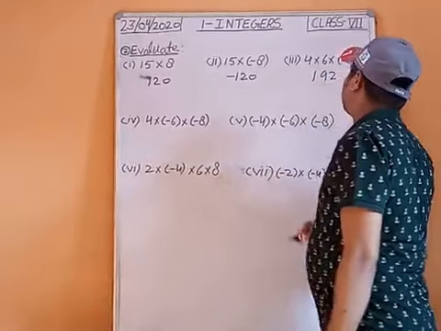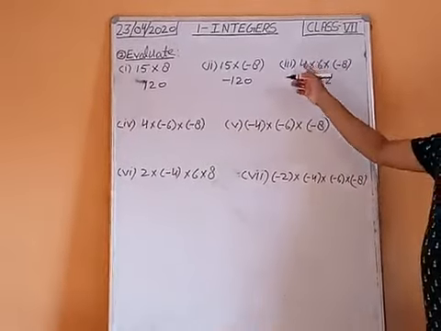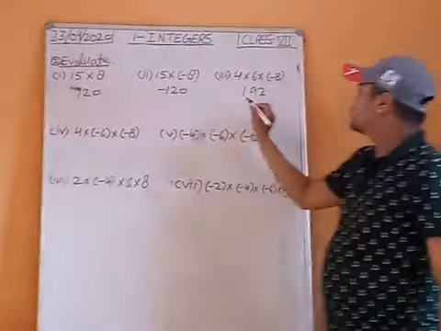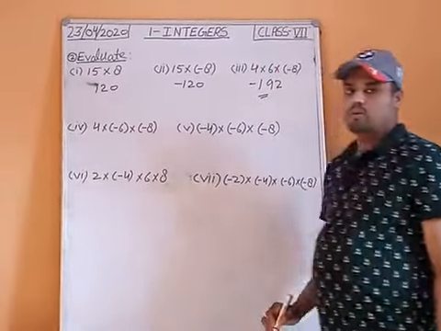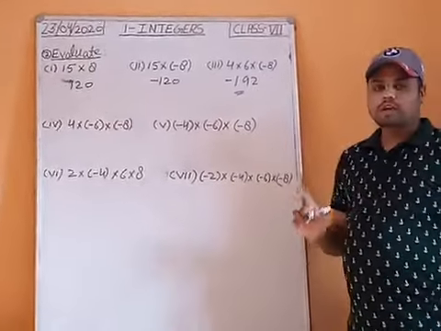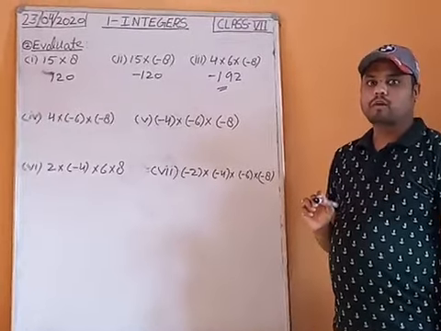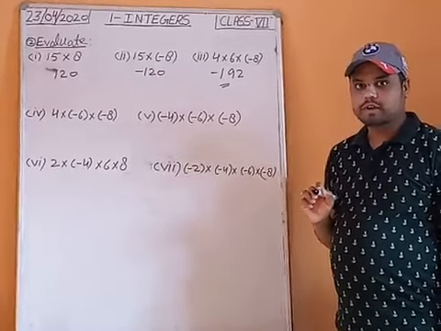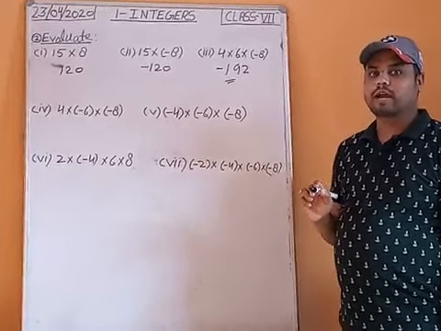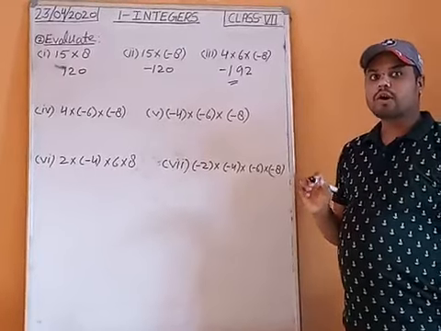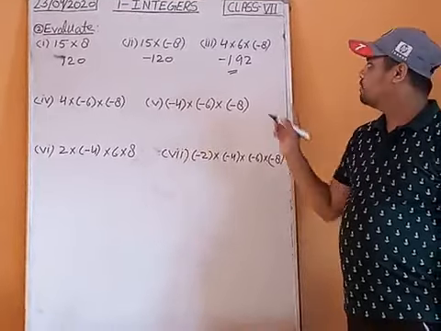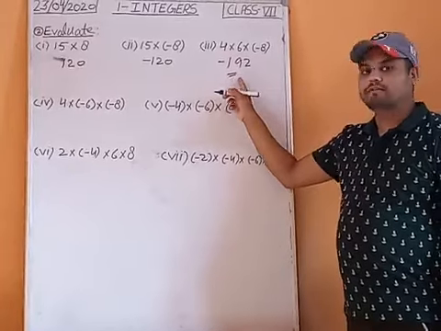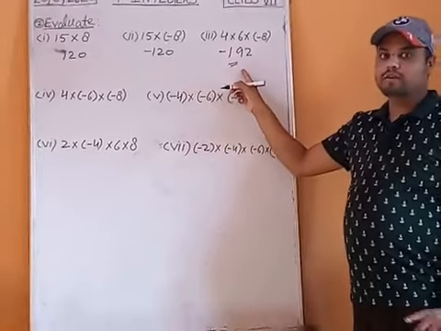About the sign, see. Plus, both are positive. Then plus minus minus 192. About this, if we are multiplying integers and the minus or negative sign comes an odd number of times, it means the minus sign will come in the final answer. Listen once again.